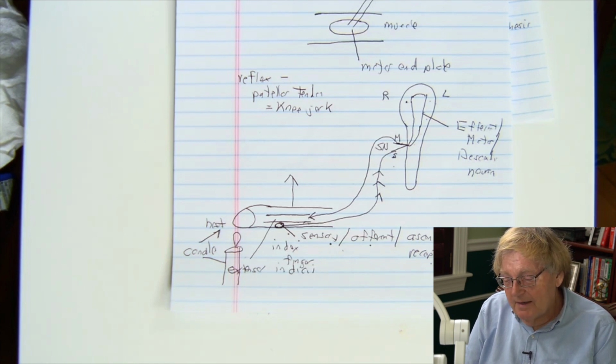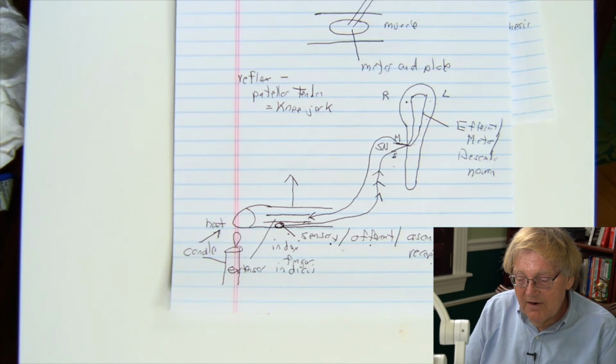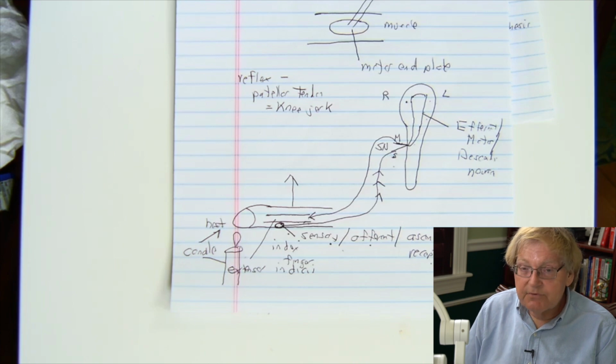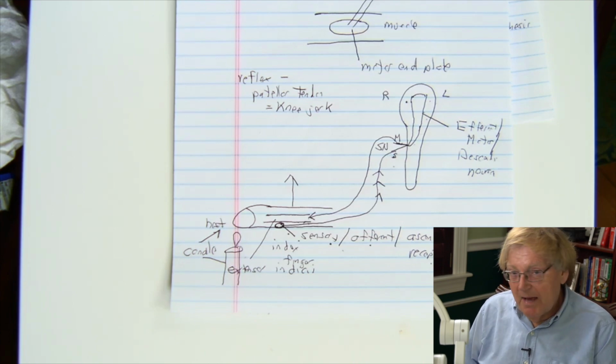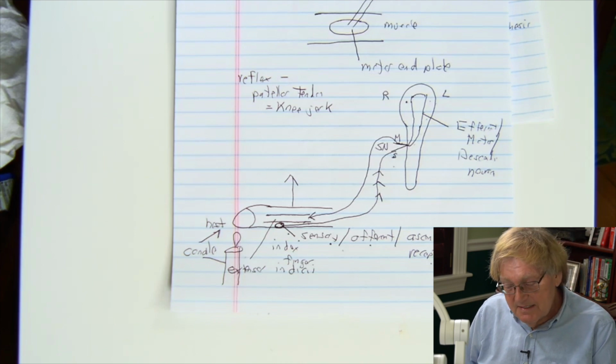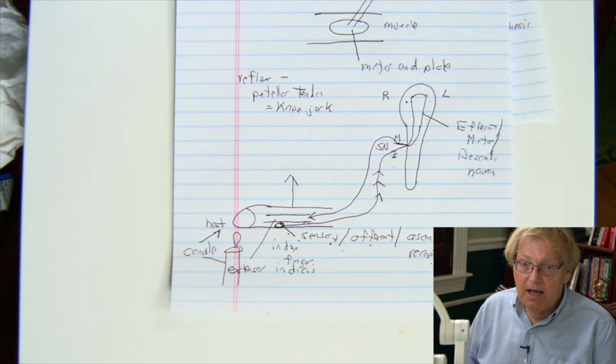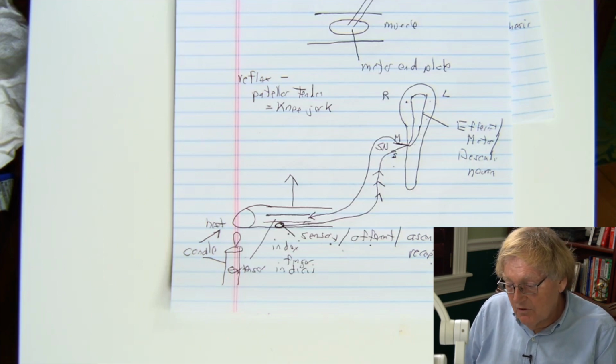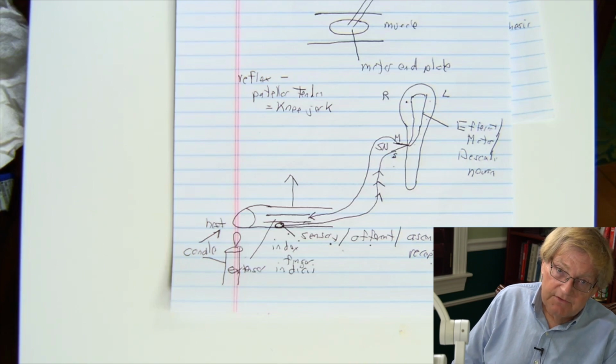When I tap that, it's going to send an afferent or ascending or sensory receptor to my spinal cord. My spinal cord is going to say, I need to move that muscle away from that impulse. So if I've got good tendon reflexes, my spinal cord is going to send out a descending or motor or efferent neuron to the muscle, and it's going to cause my knee to jerk out, my leg to jerk out.